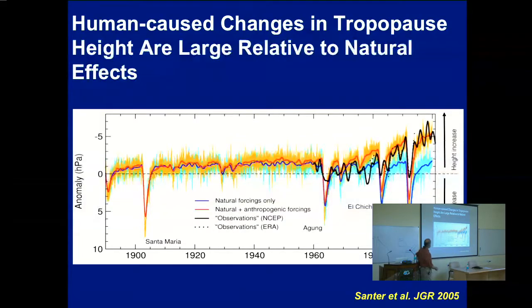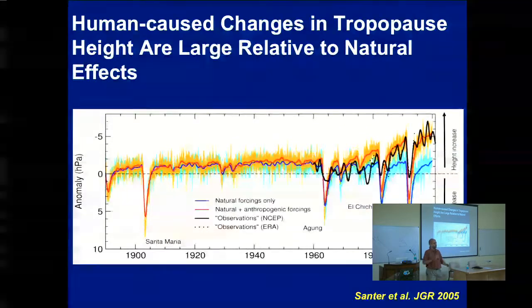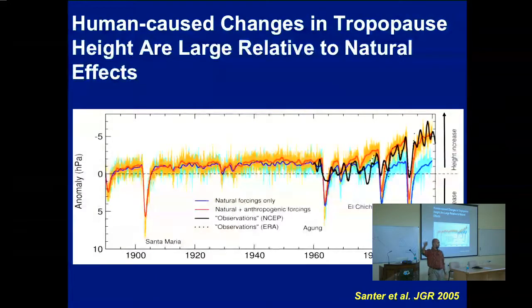So, okay. So at this point, this is a consistent story, right? So not only are we just blindly running the model and plotting some curve, this is natural, this is anthropogenic, this is the observation. It also has to make physically consistent sense.